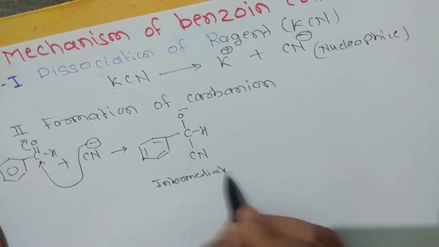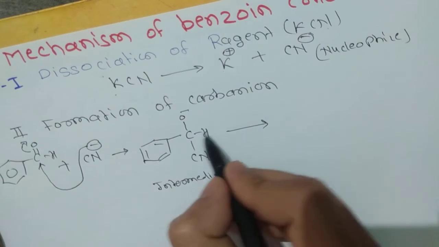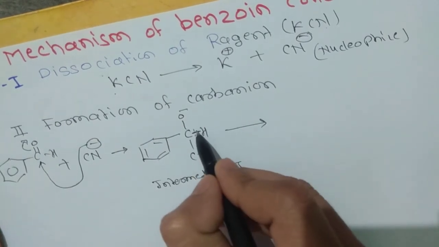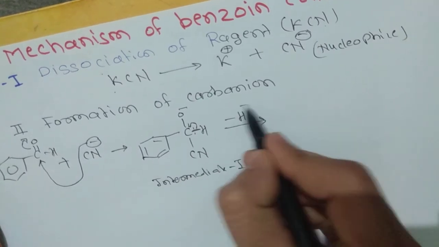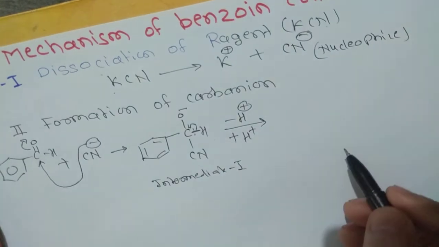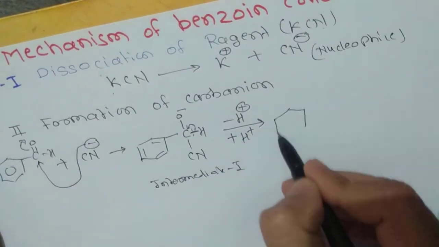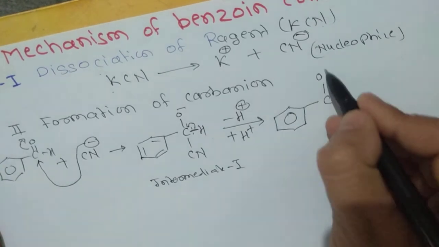In this intermediate, there is a lone pair of electrons, which can be dropped here and here simultaneously. The loss of a proton and the addition of a proton take place simultaneously to form a carbanion, C-OH.